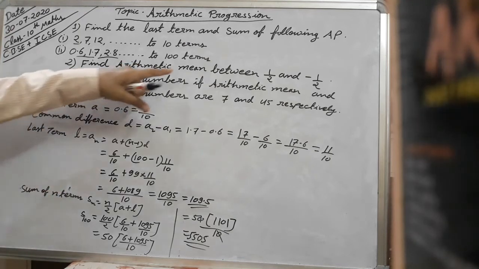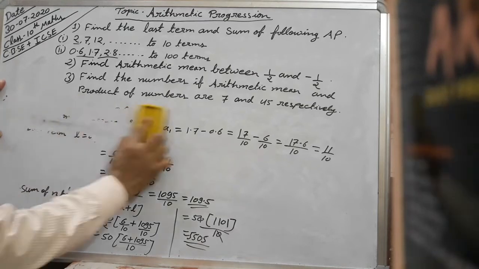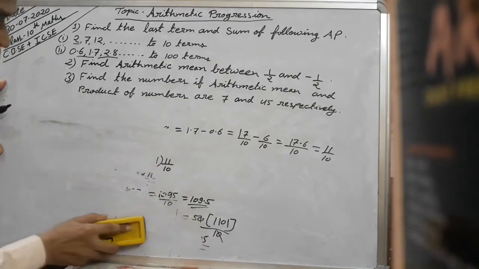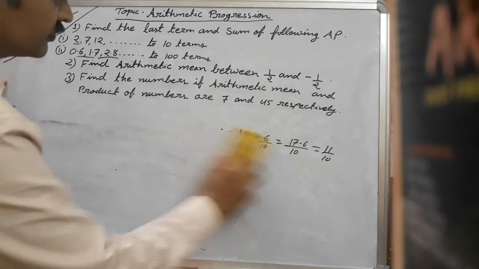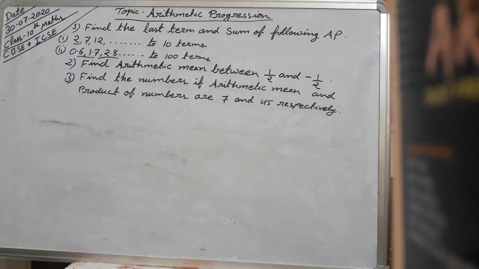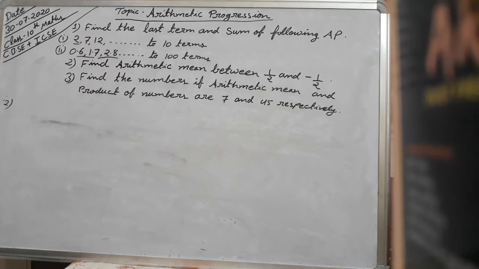Now, second question. Find the arithmetic mean between 1 by 2 and minus 1 by 2.